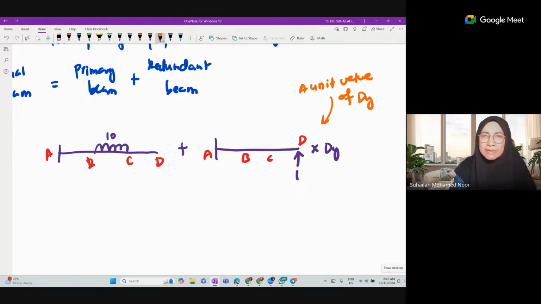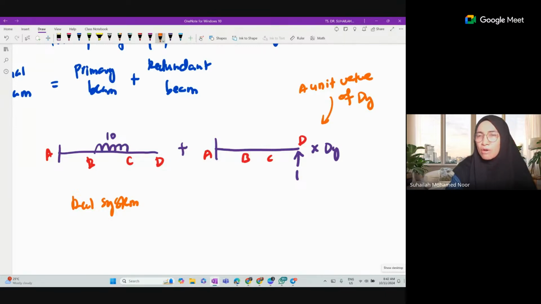Please see the characteristics of this beam. The first one, the primary beam, is just like the real system, the one you have learned under the unit load method. It has the same characteristics.